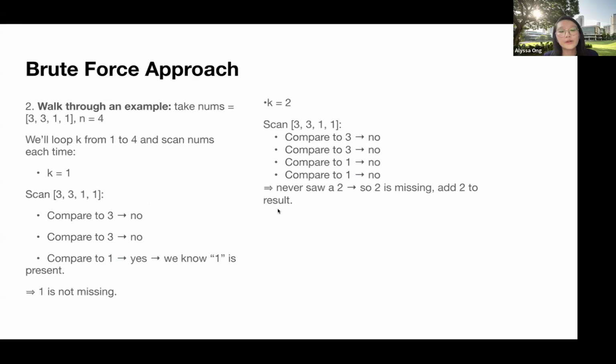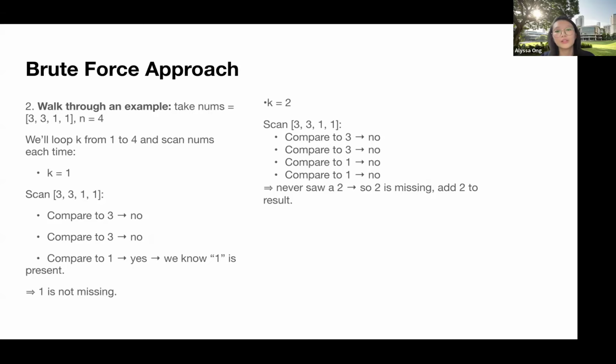Then after that you can walk through an example. Let's say nums equals 3311 and n equals 4. Then you will loop k from 1 to 4 and scan nums each time. When k is 1, you scan the array, and you compare the first element, it's not 1, and then compare to 3, not 1, and so on, until yes, so we know 1 is present.